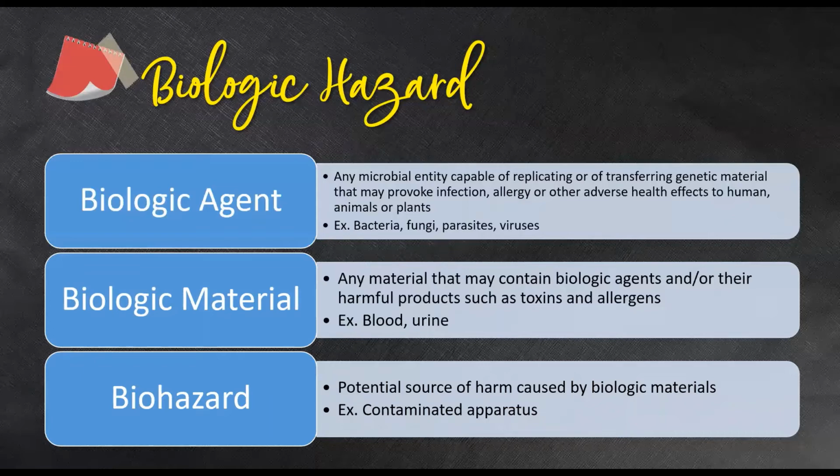Now, what is the biologic material? Yes, pwedeng blood. You're right. But the transmission of SARS-CoV-2 via blood is mababa lang kasi. Now, what is a sample obtained that may contain significant amount of the virus? Ano kaya?